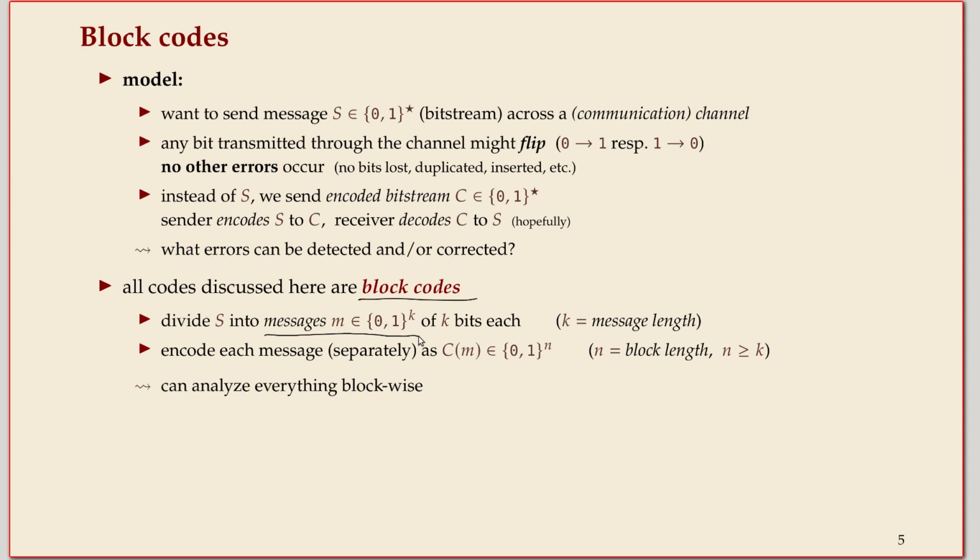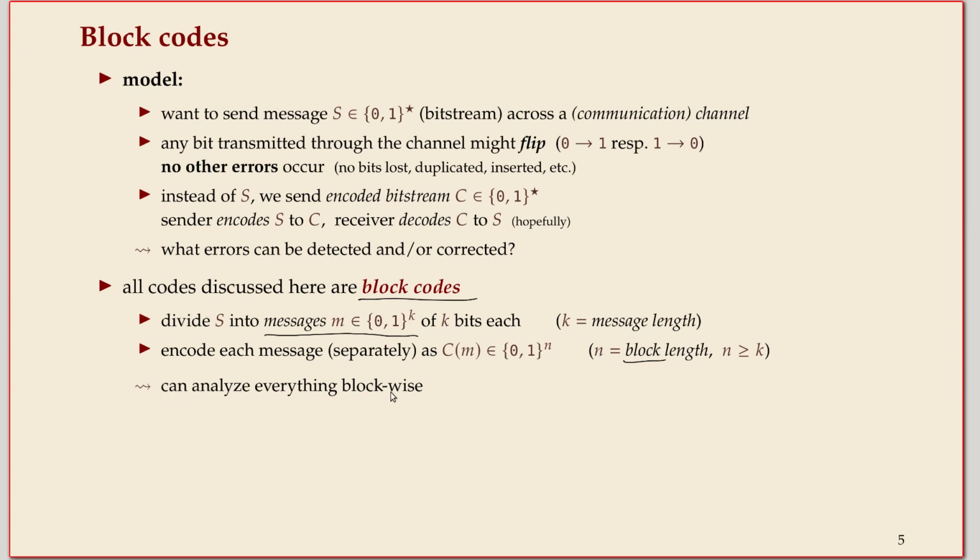And then we separately send each message encoded as a block. So S and C are still the letters that we will use for this, but we can now restrict our attention to a given fixed length. And it will be up to the code to decide what is a good choice for the length of this message and the length of this block.